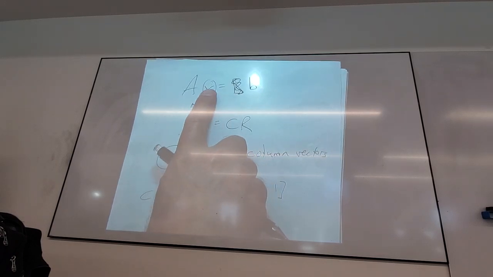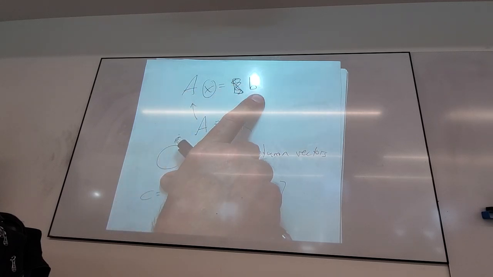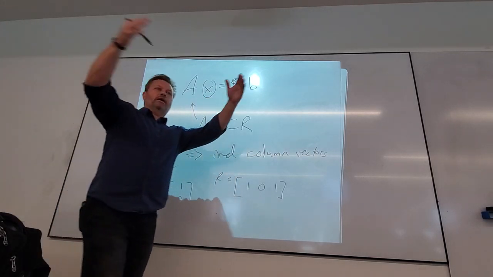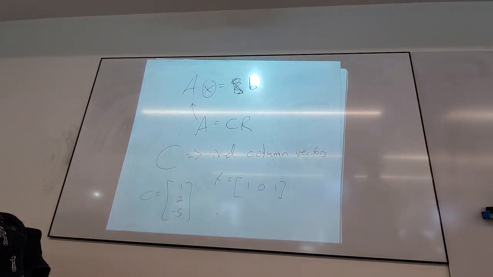I want a vector that I can multiply by my matrix, and the matrix will make the vector become this vector. So if I operate on a given vector with my matrix A, it becomes a vector b. Let me stop for a minute.